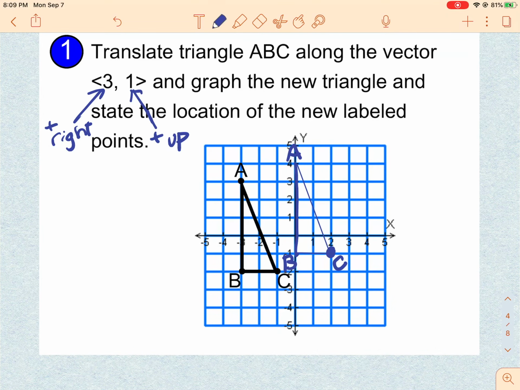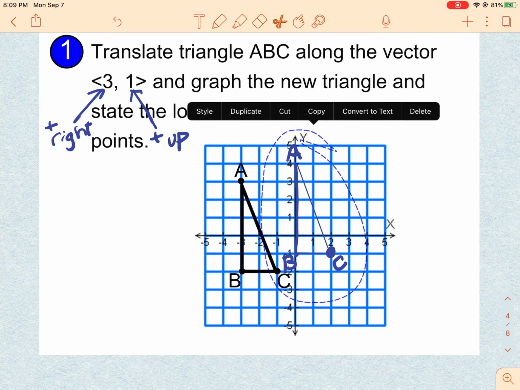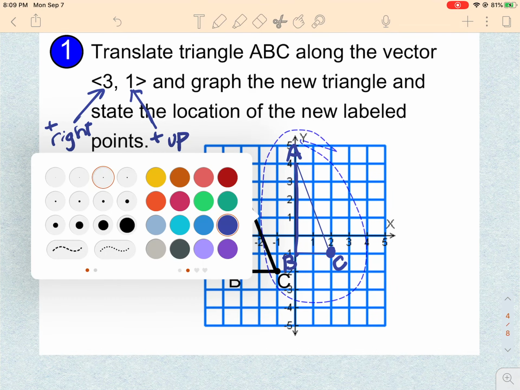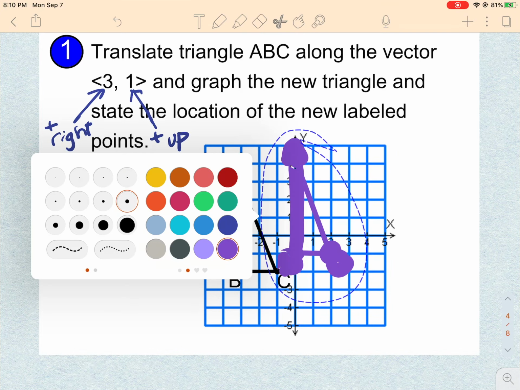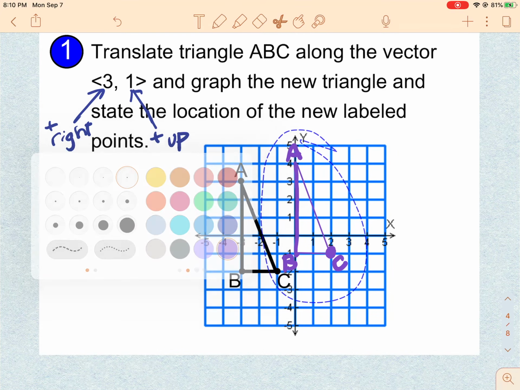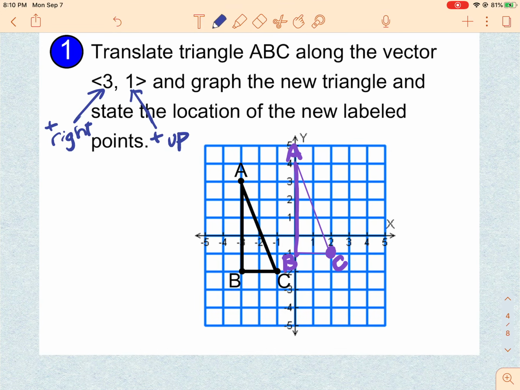So I'm going to go ahead and darken our new point. And the way we label these is it's going to be the same, the A, B, and the C, but it's A prime, B prime, C prime. So it's like an apostrophe up top there. So that's the new points.